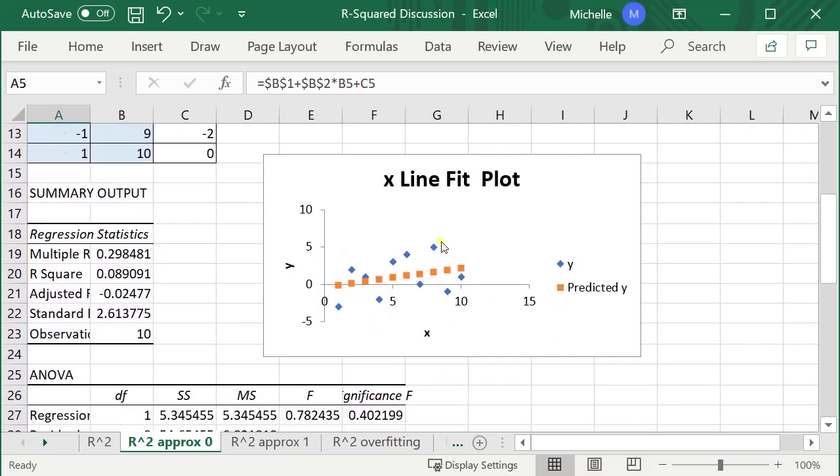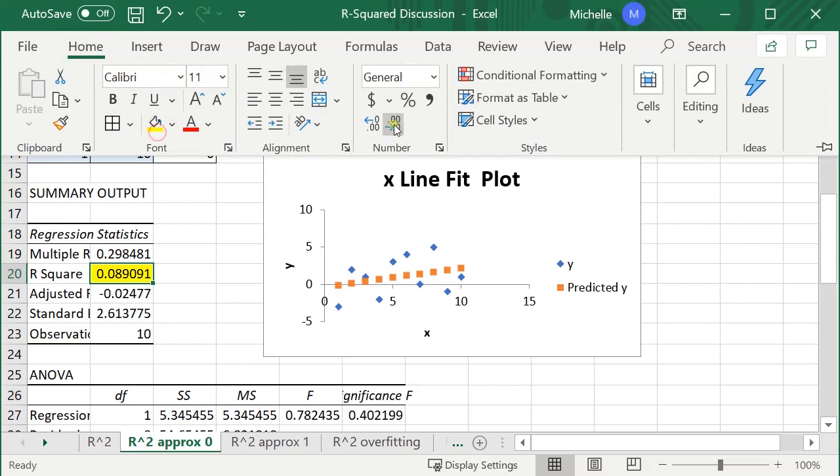So we see the random variability, and this predicted line is not doing a good job, it looks like, of predicting the values of y, and we do see that very low R squared.